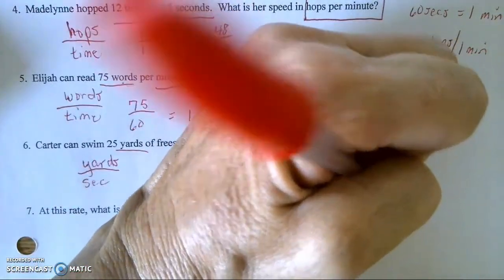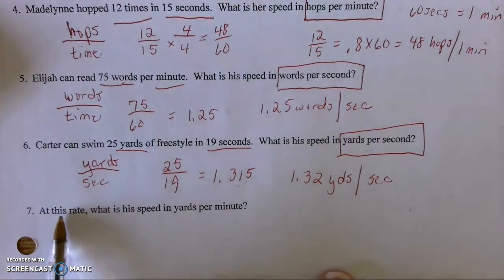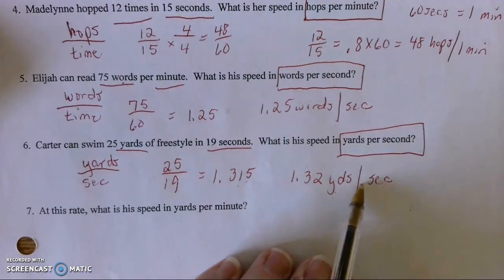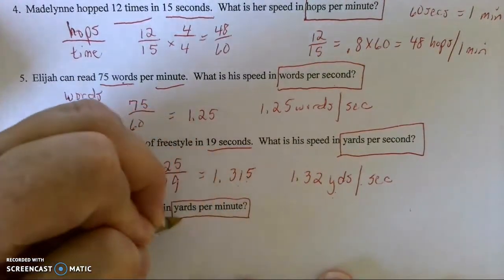yards per second. Now, notice number 7 is a little bit different. On number 7, I just want you to change his rate in seconds to yards per minute.